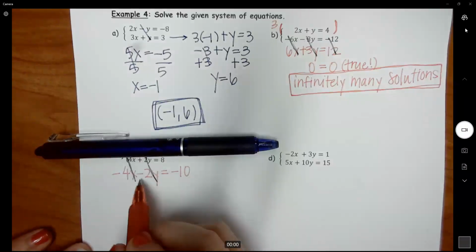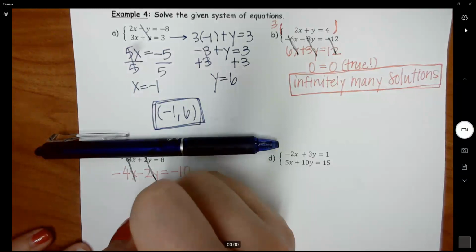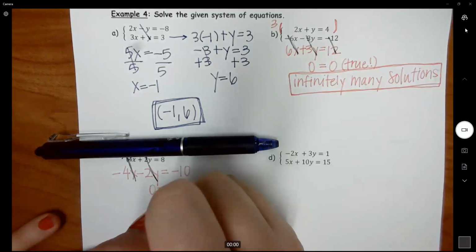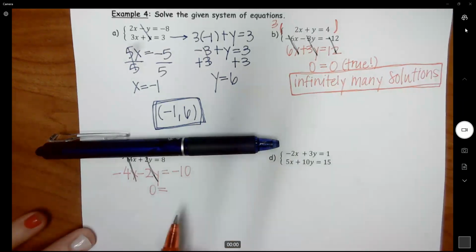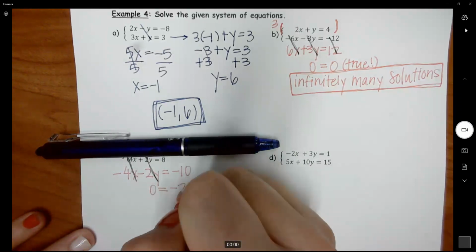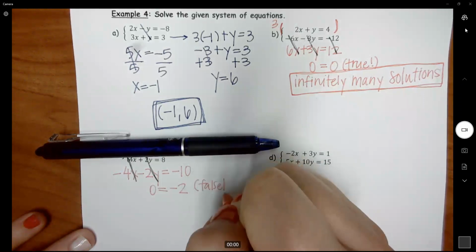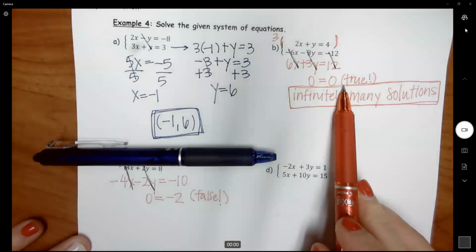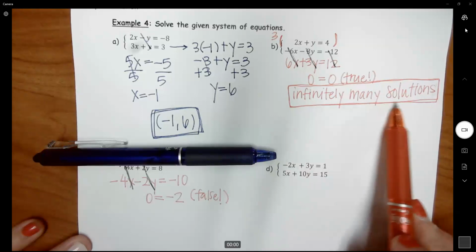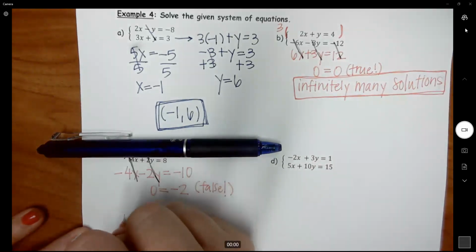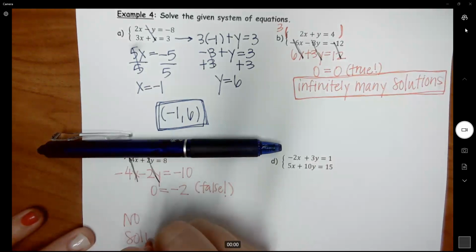So on the left side of my equation, because everything cancels, I now have nothing over there, so that's 0. And 8 plus a -10 is -2. This is a false statement. Before it was true. When it's true, it's infinitely many. When it is false, this is no solution.